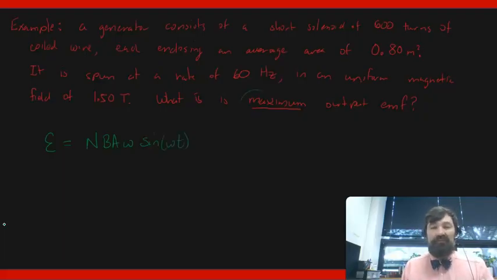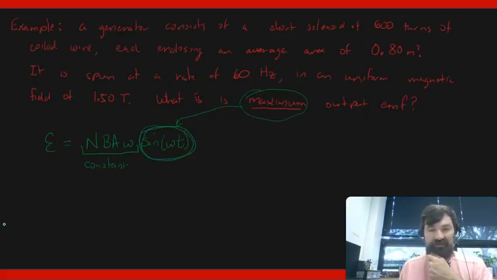Now, if we're looking for a maximum value, we need to look at this equation and ask which of these things is varying in time, and therefore which of them has a maximum. Well, these three things are all constants. So this right here is the only part of the equation that can be maximized or minimized. This has a range of -1 less than or equal to sine omega t less than or equal to +1.